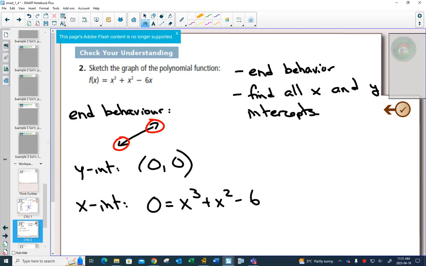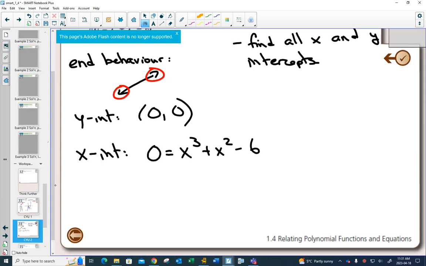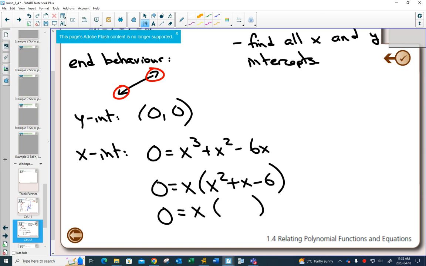Unfortunately, in this example, you can factor too easily, because there's an x in all 3 terms. So if there's a common factor of x, I can pull that out to begin with. And then I can factor this because it's just a regular quadratic.